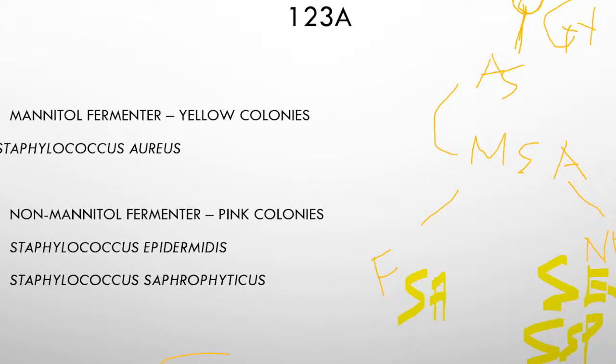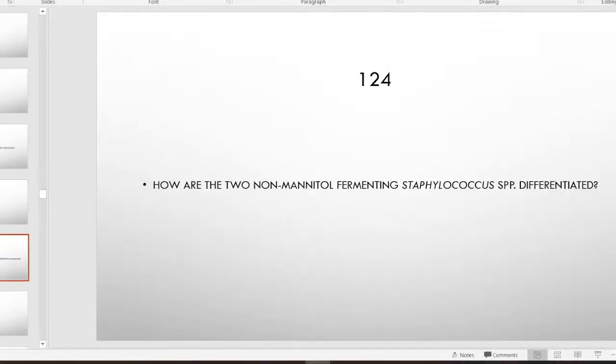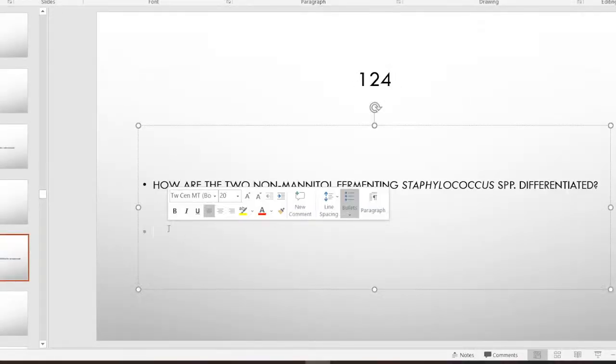So I always remember them as SAES: Staph aureus, epidermidis, and saprophyticus. So that when I'm in the exam, it's easy for me to remember the workup. So please don't forget that one. That is again another must-know information when you are going to take your board exam.